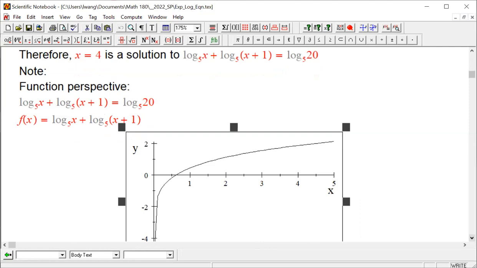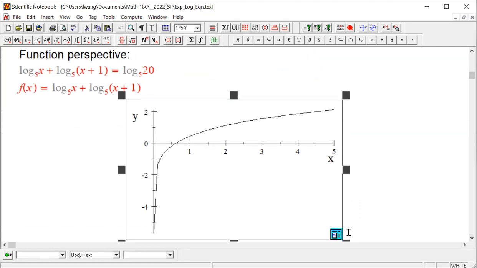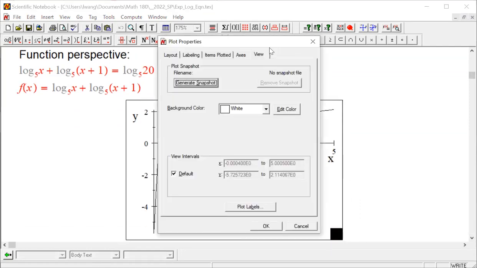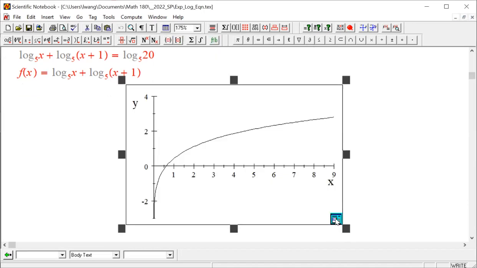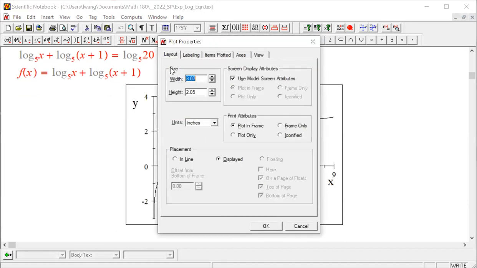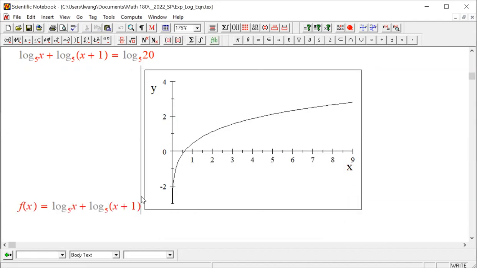You can see the curve show up in the domain, and if we make an adjustment to the view, we get a picture. This is the picture.